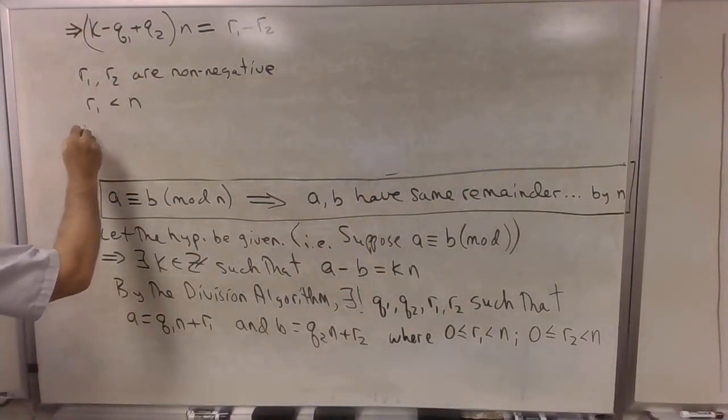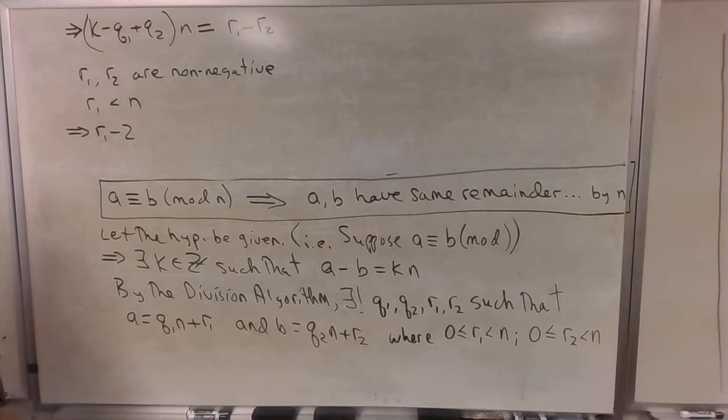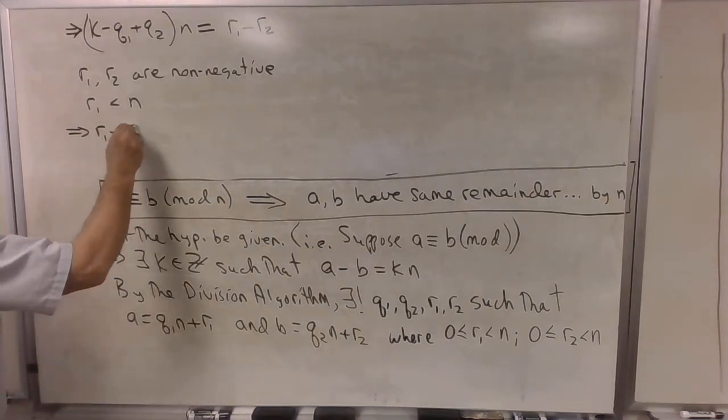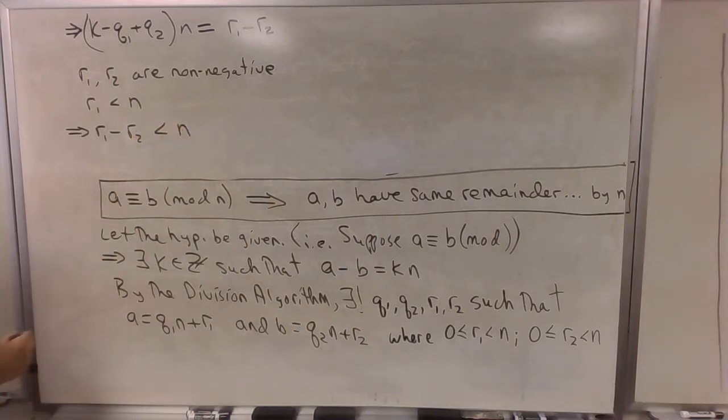And so r1 minus r2 is definitely less than n.